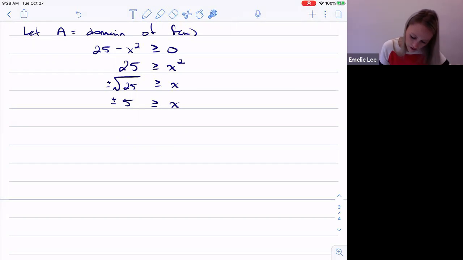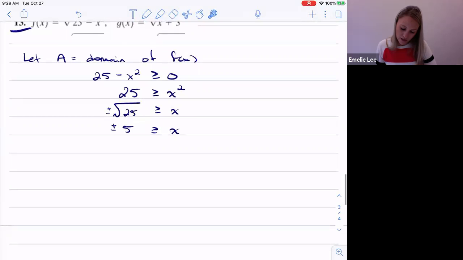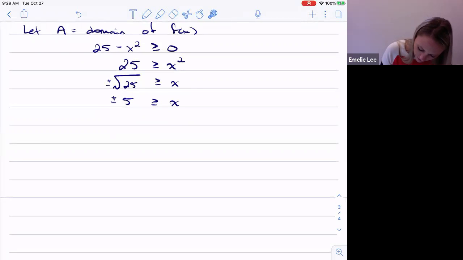So what this tells me is that, let's see here, how do I want to show this? My x's can be from negative 5 to 5. How do I want to show that? Negative 5, oops, negative 5.